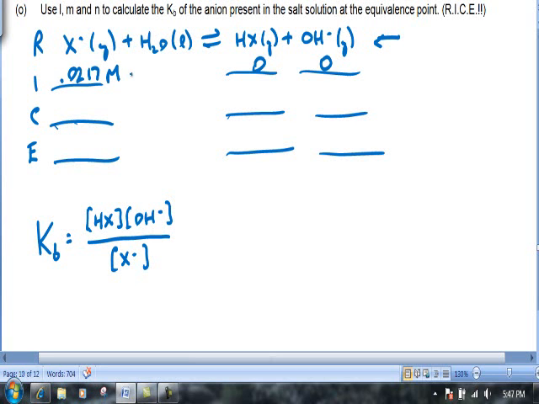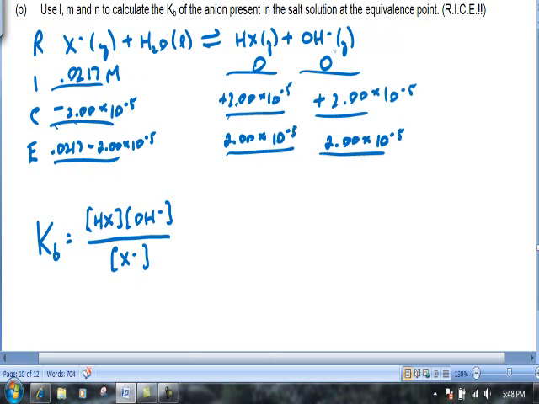Earlier we solved for the concentration of the salt solution to be 0.0217 molar. That's the initial concentration of the salt in our hydrolysis reaction. We also use the pOH from the equivalence point to get our OH concentration.